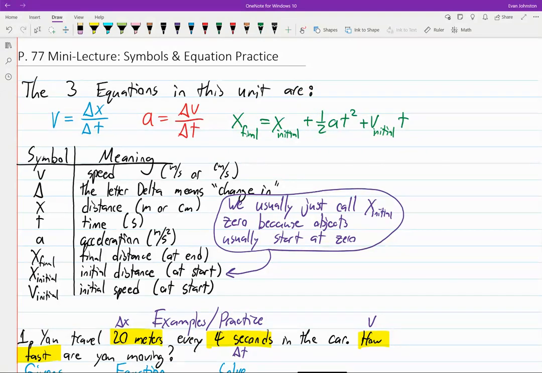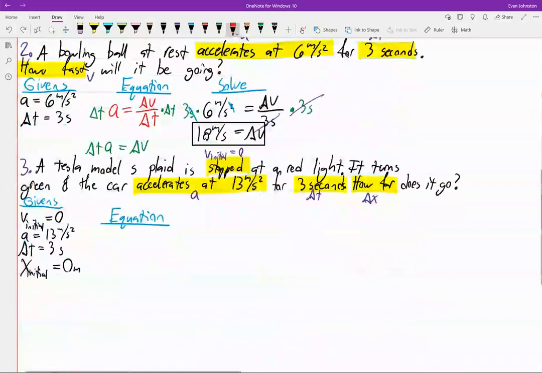Now, the nice thing, and you don't need to write all over yours, is that since we're dealing with some assumptions here, we get to call the initial position 0 in the beginning. And since it was stopped at a red light, V initial is also 0. So if this thing is 0 and this thing is 0, this got a lot easier. Let's set this up down here.